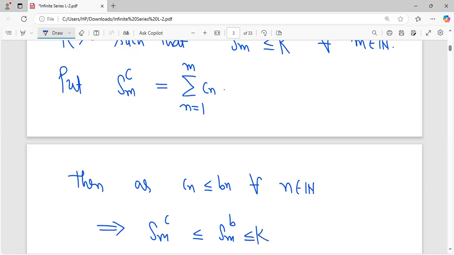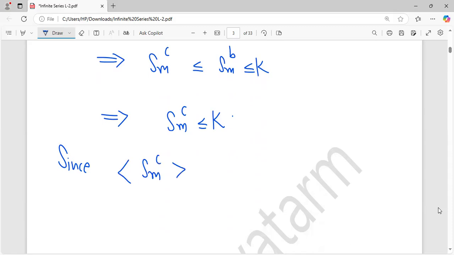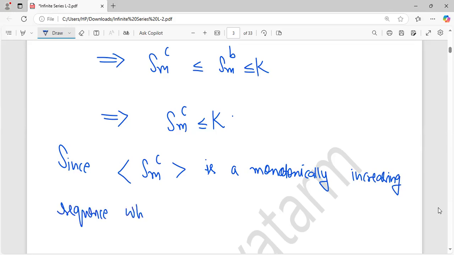Okay, so this implies S_m^C is a monotonically increasing sequence, which is bounded above.